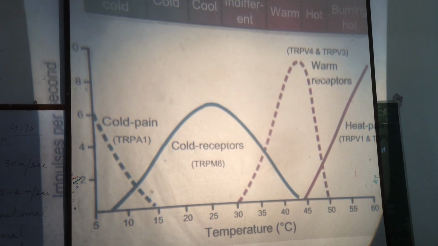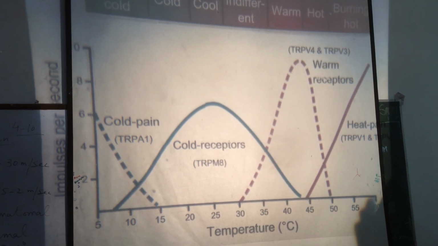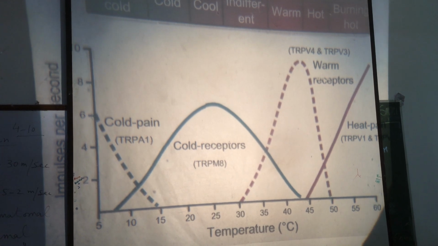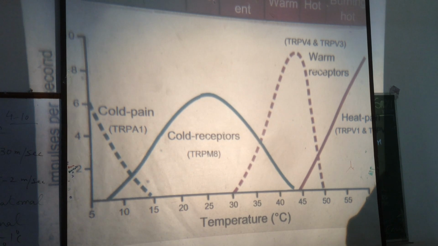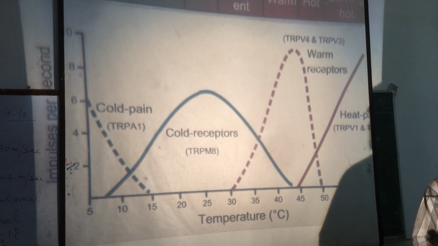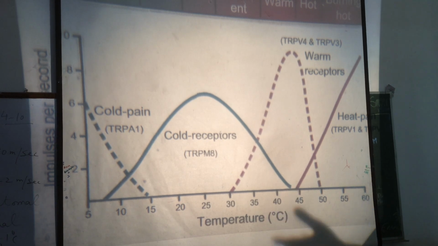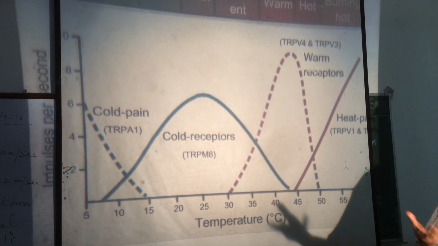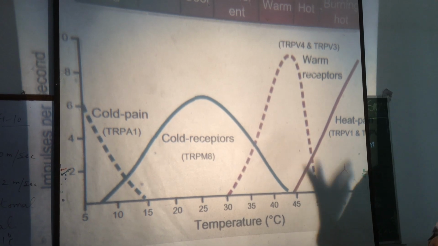Keep in mind, the mucosa of the mouth is relatively less sensitive to high temperature. That is why you can take very hot tea or coffee, which can't be tolerated by the fingertips.